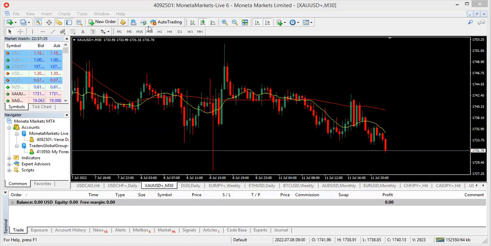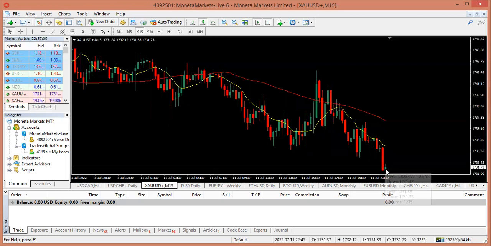If I take it to 15 minutes, this red candle opened at 8:30 and closed at 8:45. The next green one opened at 8:45 and closes by 9 o'clock.